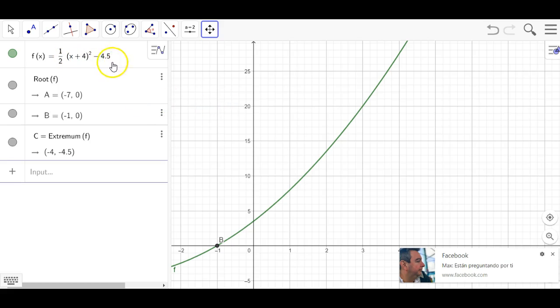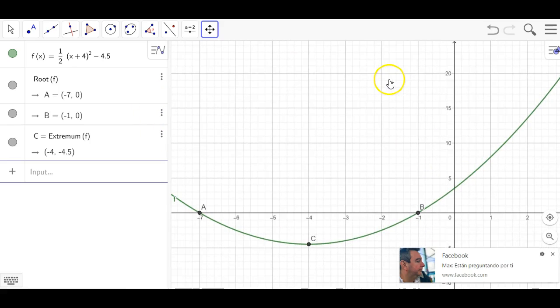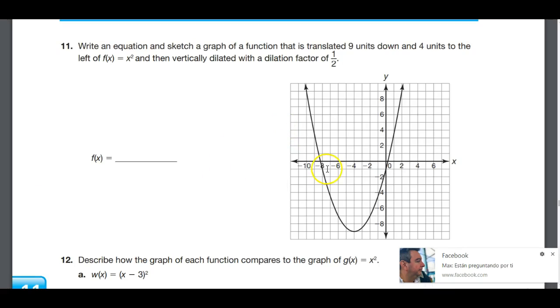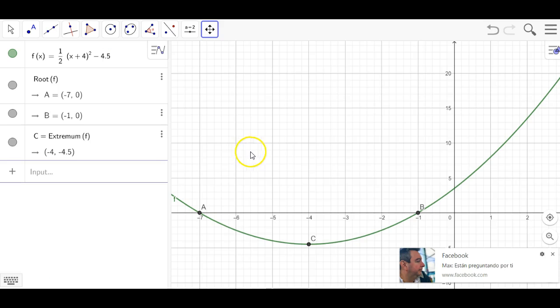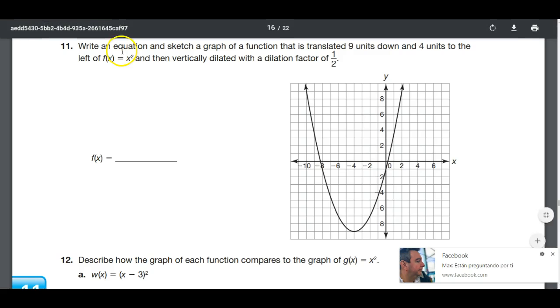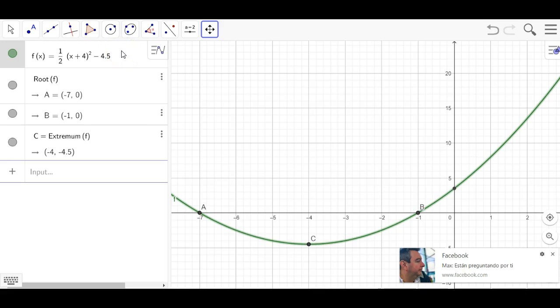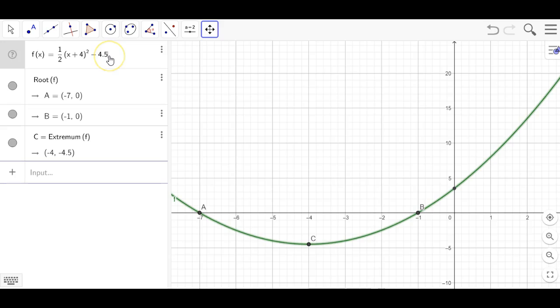And so now 1/2 times this minus 4.5. So why do I have different zeros? Let me just think about this. 1/2 times this. You know what I can do is I can do it like this. I might have my numbers, I have to go back and take a look at that again. Well, we wanted to go down. I know we wanted to go down 9, right?